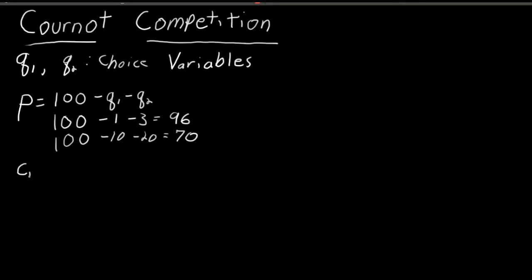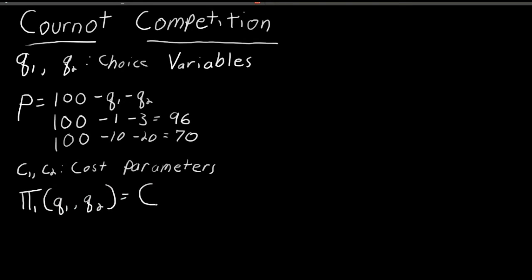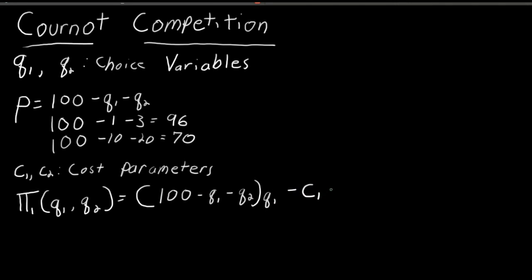We also have these parameters, C1 and C2. These are called cost parameters. C1 is the cost for firm 1 to produce 1 unit of Q1. Now what do firms want to do? Firms want to maximize their profits. So we can write the profit function like this. The profit to firm 1 is a function that takes as an input Q1 and Q2.